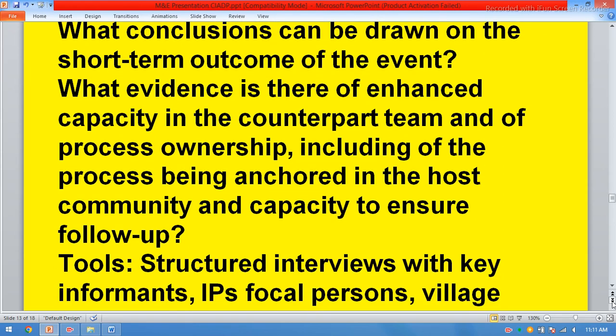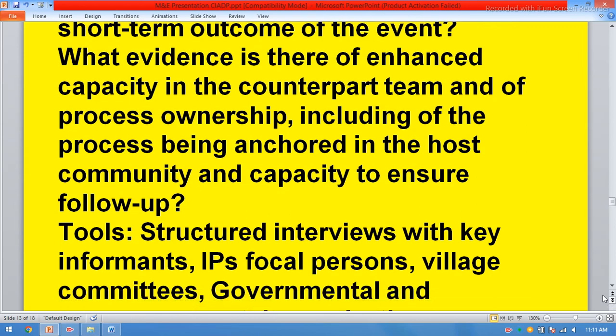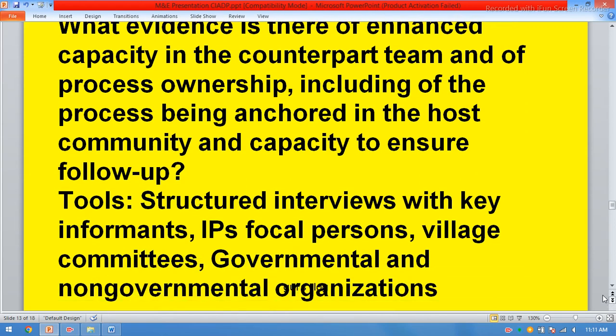Tools: structured interviews with key informants, implementing partners, focal persons, village committee, governmental and non-governmental organization.